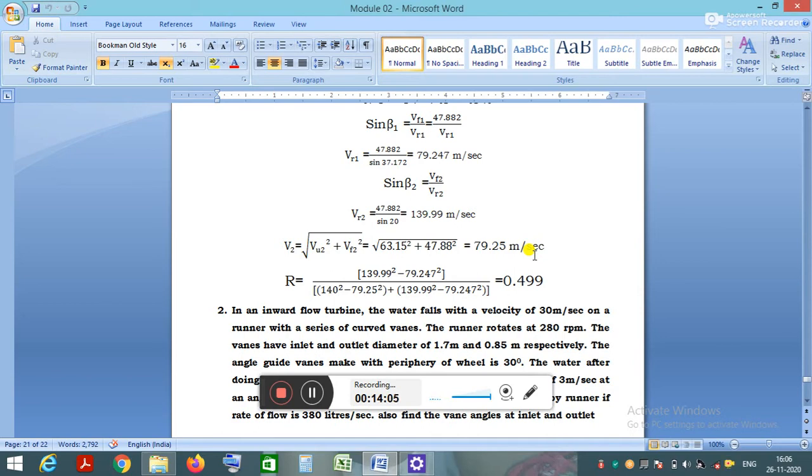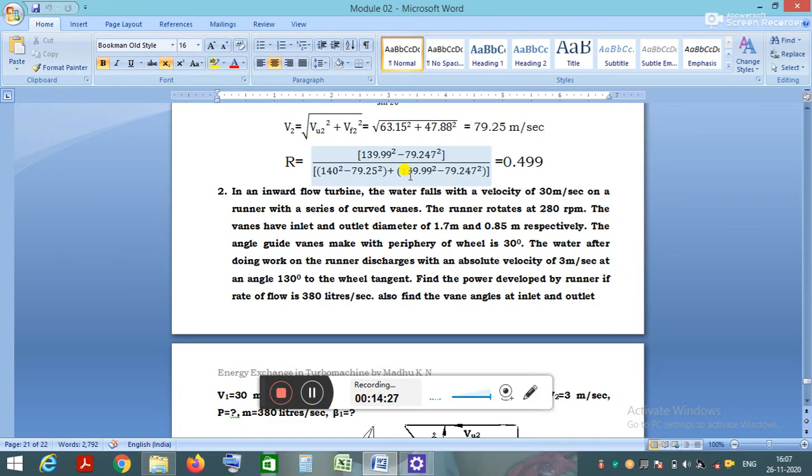Therefore, substituting the values of VR1, VR2, V1 and V2, we can find the degree of reaction, which is equal to 0.499. That's all about the first problem.